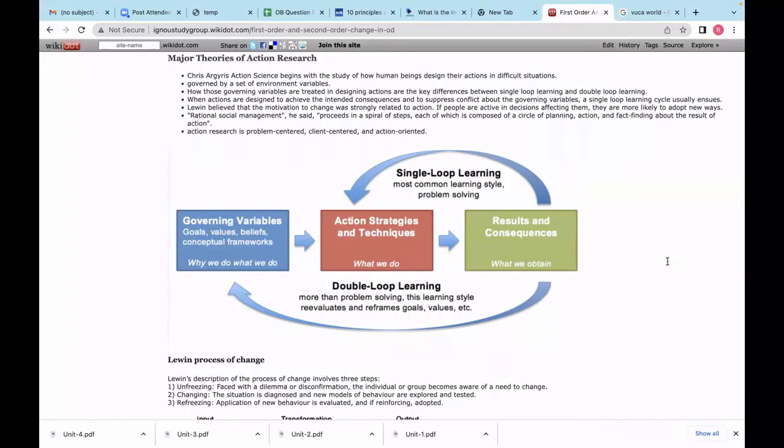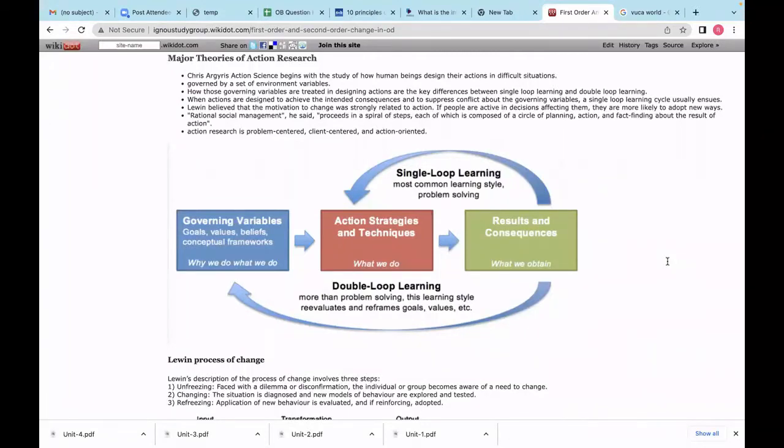Single loop learning is nothing but you start from what we do, that is, you concentrate on the strategy of your action. This is what I want to do, I will analyze results and change the way I do it. Basically, feedback is from results to what we do. It is not going to challenge your goal or your vision. Feedback is only going to help you change what you do.